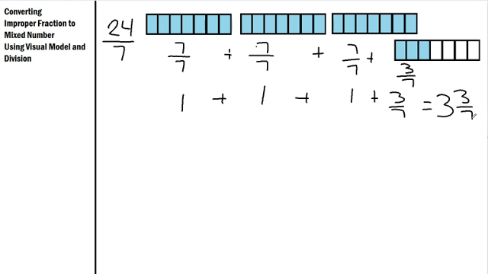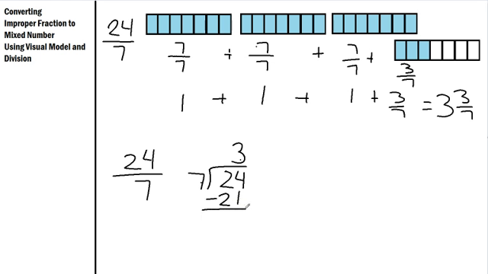Now, another way to think of this is as division. All fractions take the numerator divided by the denominator. So another way to rewrite this is 24 divided by 7. 24 can be divided by 7 3 times, because 3 times 7 equals 21.